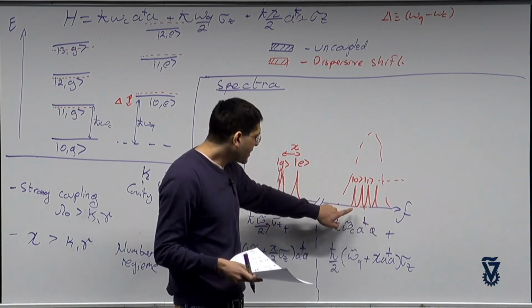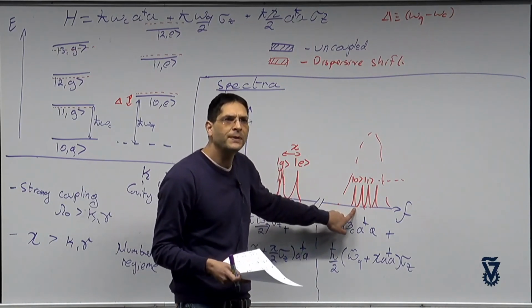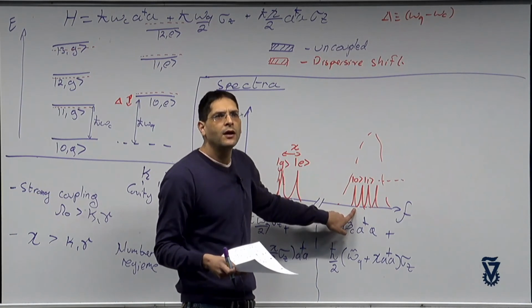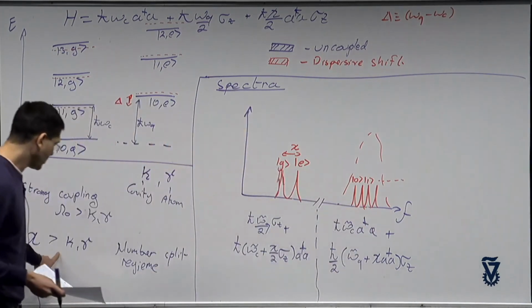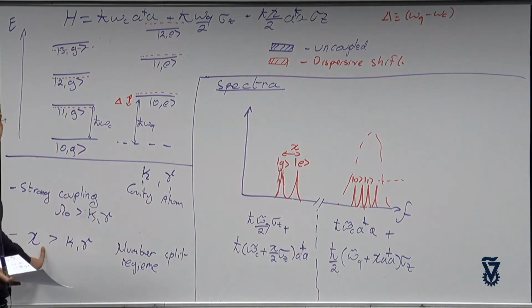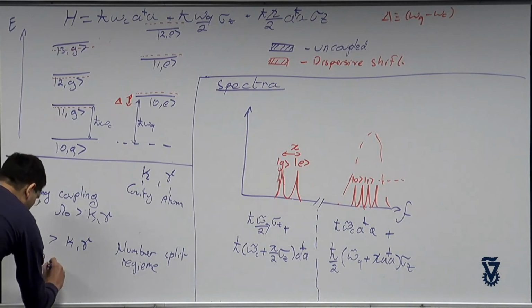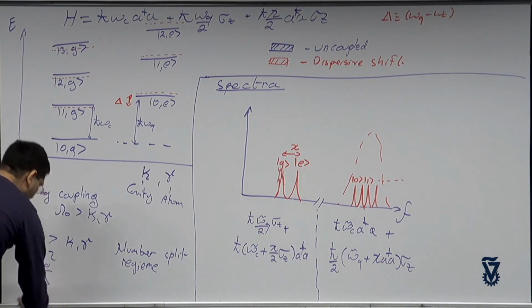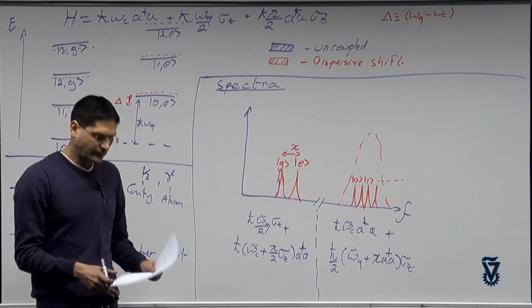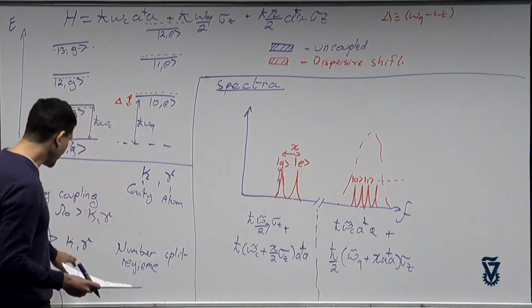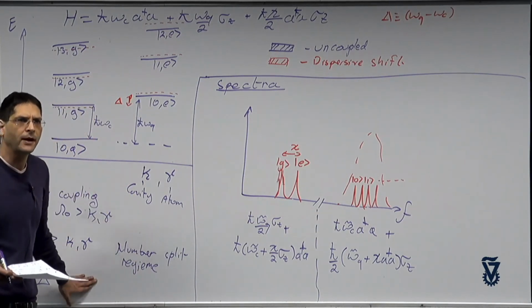Okay? The frequency of the atom itself becomes now split according to the number of photons in the cavity. And this requires significantly larger interactions because you want omega naught squared over delta to be larger than the line widths of the atom and the cavity. But you can actually reach these regimes in experiment.